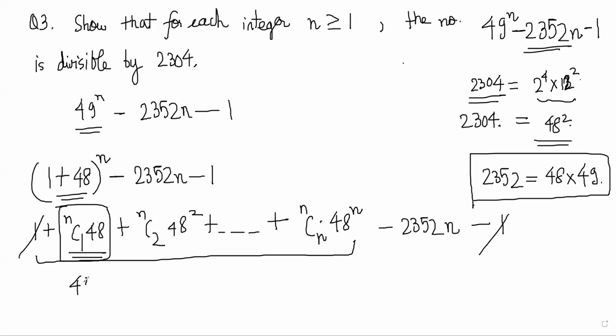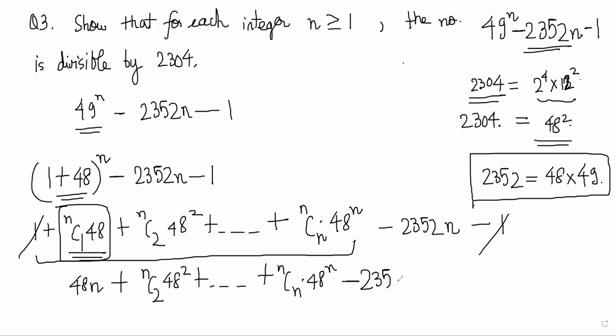nC1 is n, so this is 48n plus nC2 48 square and so on, plus nCn 48 power n minus 2352n, right? So you should realize that 48n and minus 2352n will become minus 2304n plus, now notice these terms always have 48 square common.